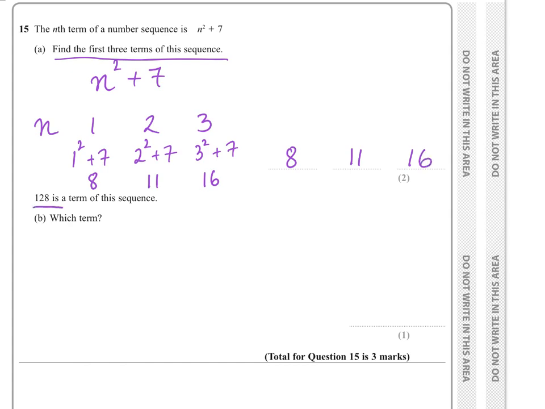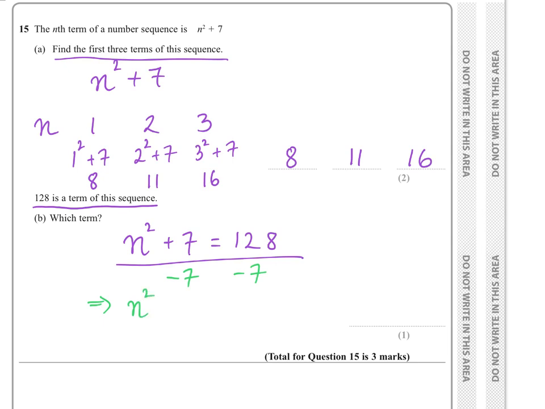It then says 128 is a term of this sequence. Which term? Well, if we put n squared plus 7 equal to 128, we've got an equation here. And if we take away 7 from both sides to start with, that will give us n squared is 121.